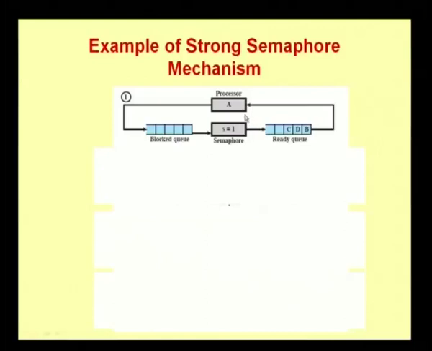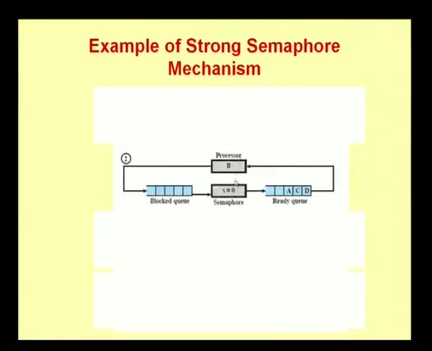Since this is being queued, it has to go only on a first in first out basis. Now with the semaphore S equal to 1, A is put on the processor, so it gets processed and uses the output produced by D. The second chance is for B to enter the processor.